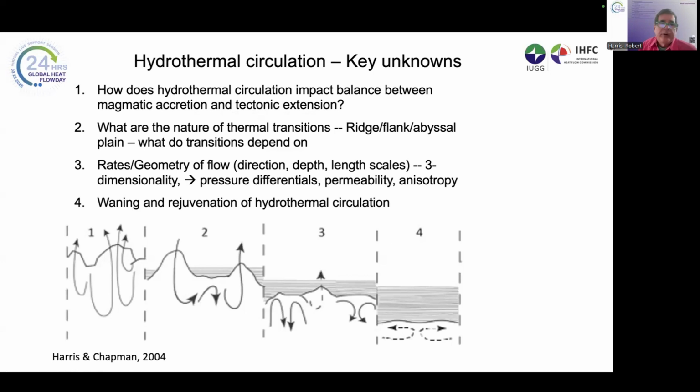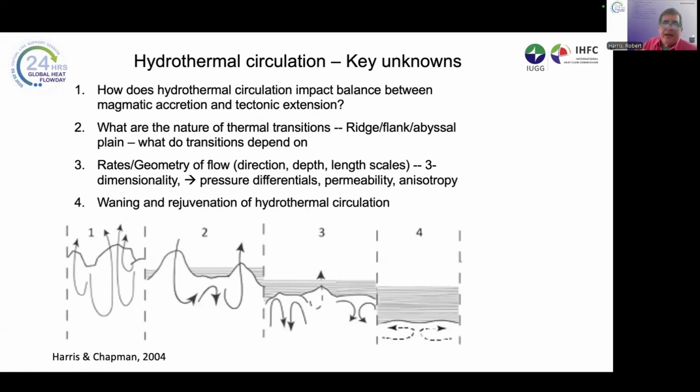And so some important questions that I think are still areas of fruitful research is, how does hydrothermal circulation at the ridge crust impact the balance between magmatic accretion and tectonic extension at spreading centers? What's the nature of these thermal transitions, say between the ridge, the flank, abyssal plain? What does that depend on?